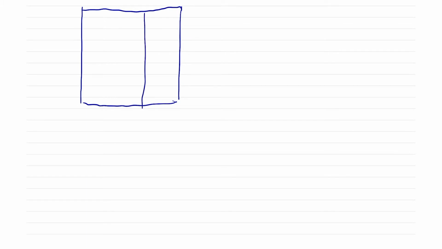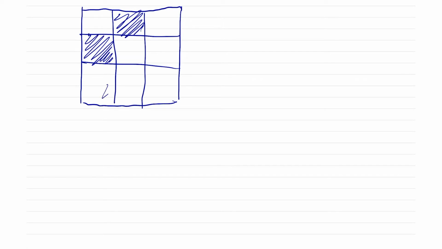So just to give you an idea of the sort of information you're going to need. This is a 9x9 grid, and we're going to say that several of them are blank, so dark.